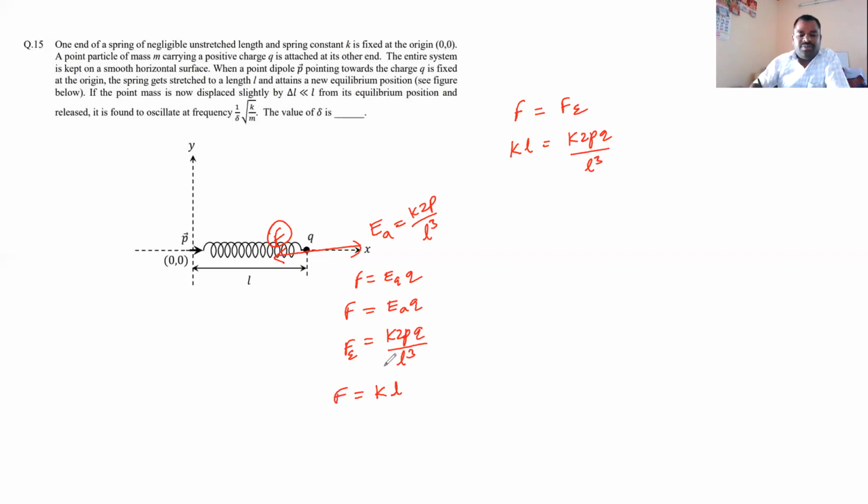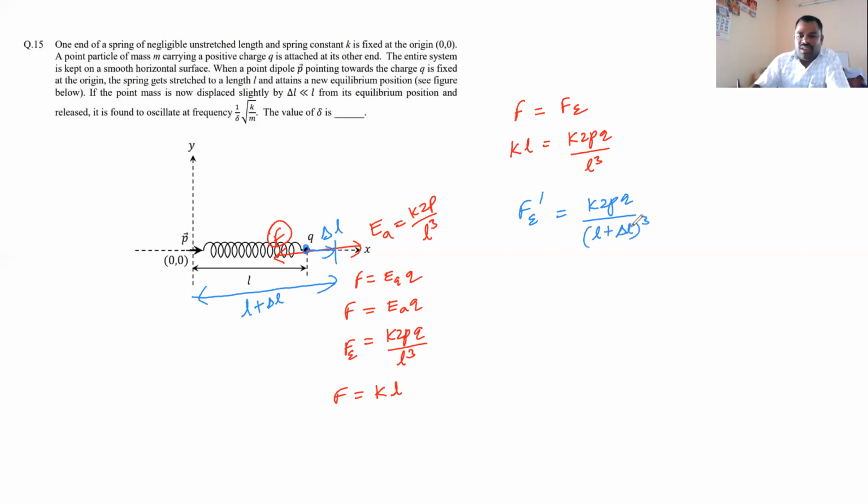Now, by displacing the charge by a small amount delta L, the new length becomes L plus delta L from the equilibrium position. Then the electrostatic force changes to k into 2Pq divided by (L plus delta L) whole cube.